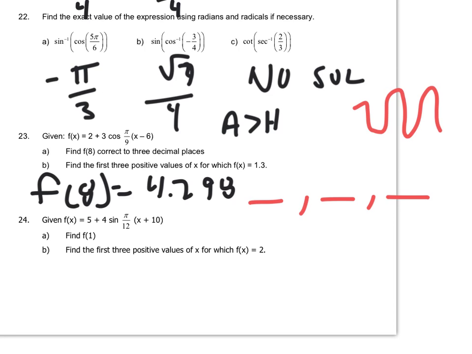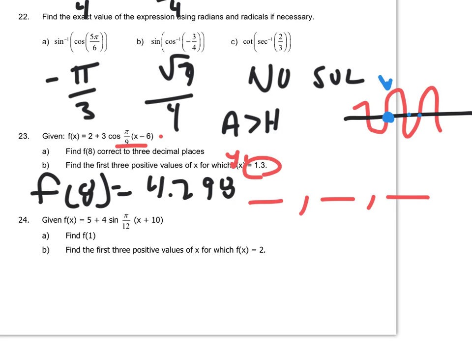You plug this into y1, you plug this one into y2, so that way you would get the intersections. Go find the intersection that you're looking at, make sure this is the first positive value, the second one, and the third one. Remember to round off correctly.